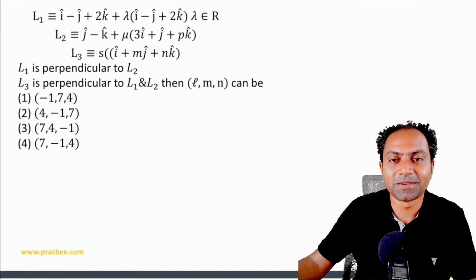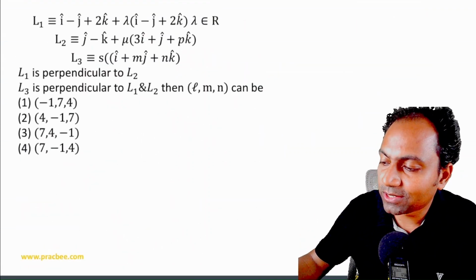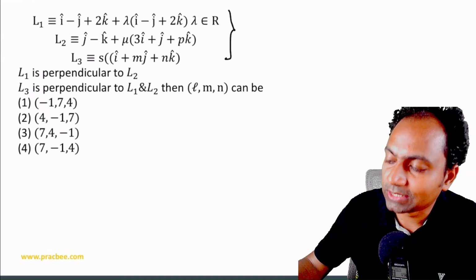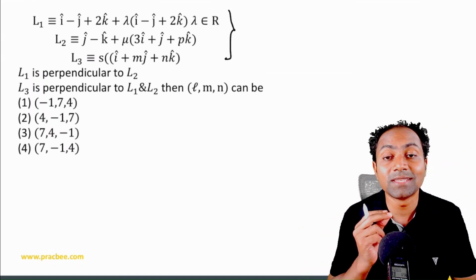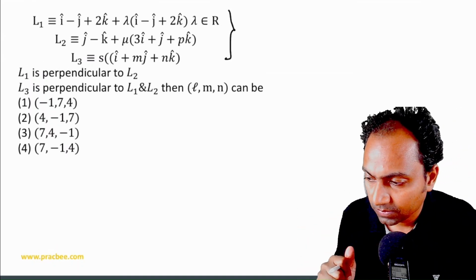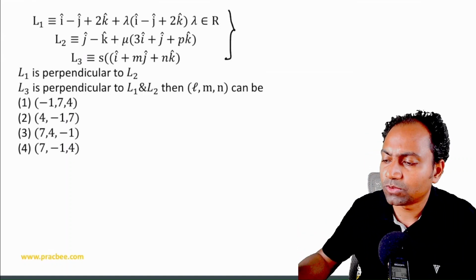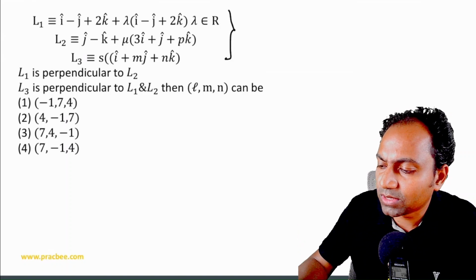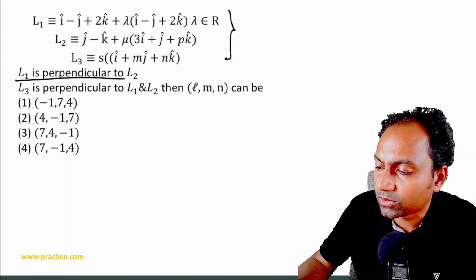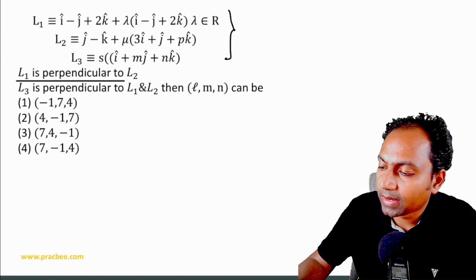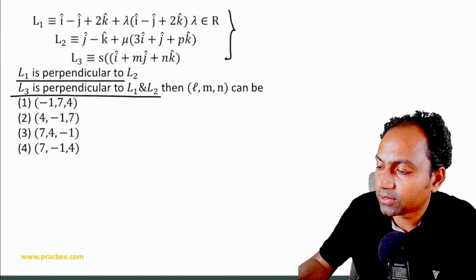If I move further, and if I look into this next question, they are talking about 3 straight lines, but they have given the equation of these straight lines in vector form. It is not given in Cartesian form. We can write it so, but I don't think it is required. So what they are saying is L1 is perpendicular to L2, fine, and L3 is perpendicular to L1 and L2.